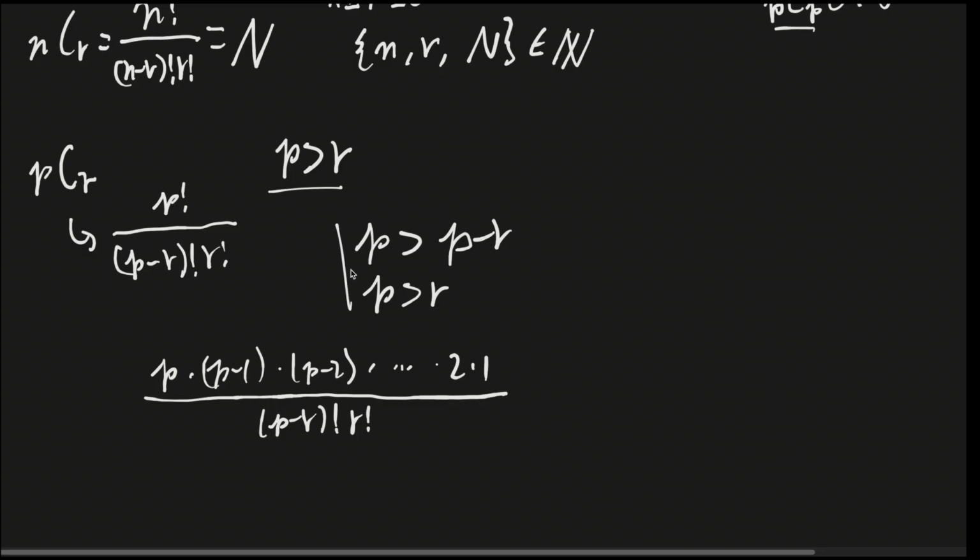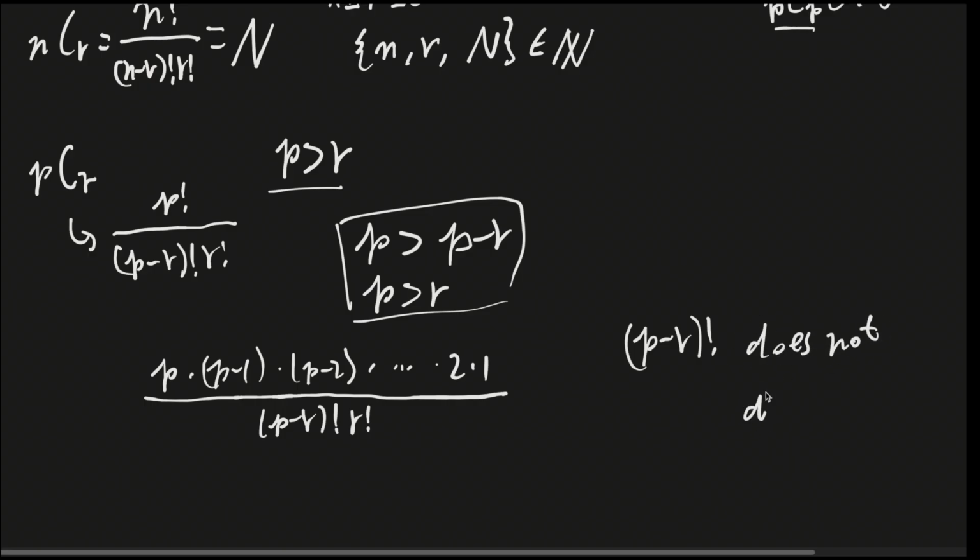Now because we know that P is greater than P minus R, and P is also a prime, that means we do not have P here. So P minus R does not divide P, and also R factorial does not divide P because P is a prime number.